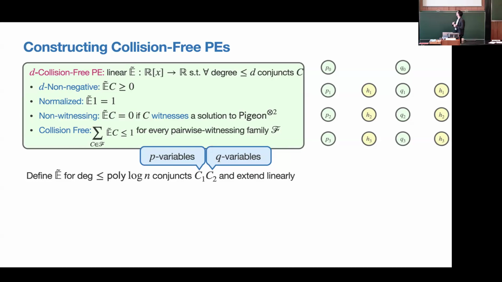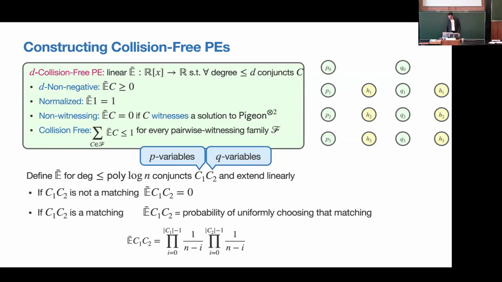We want to create an object that looks like one of these pseudo expectations. It looks like the moments of a degree D distribution over matchings from n pigeons into n-1 holes. We're just going to take the standard pseudo expectation for pigeonhole to be our expectation.